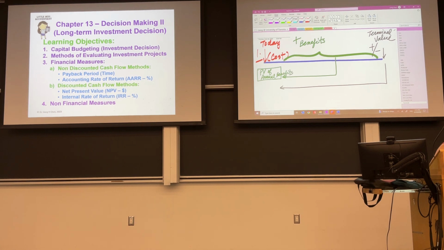Okay? Terminal value, we also present value the terminal value. The second one is positive. The third one can be positive, can be negative. You add them all together, positive, go ahead.